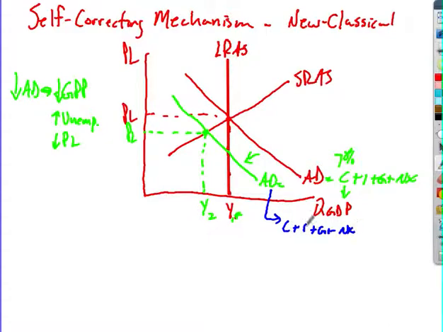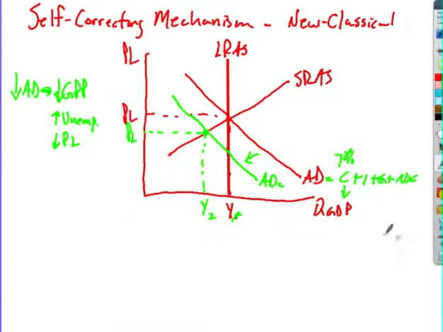Coming at it from a Keynesian argument, we would say, look, if the economy is bad, then we need spending, and since consumers and businesses may not be spending, then the government needs to jack it up, and that would theoretically push this back up to the right. Now we're not going to use the Keynesian argument, we're going to use this new classical argument as to how the economy would tend to fix itself. Let me get rid of all this stuff. Bear with me.